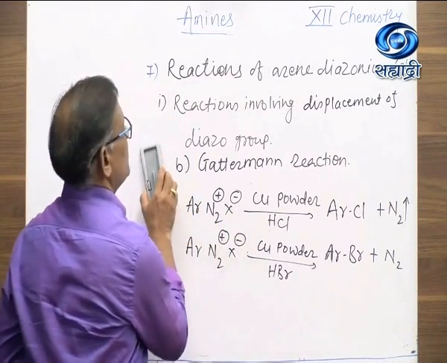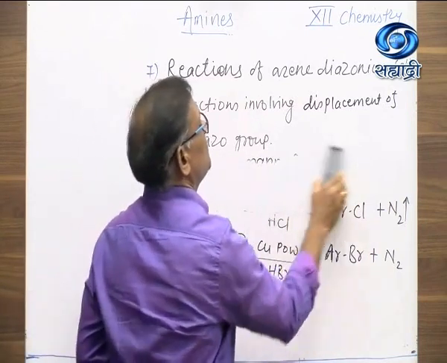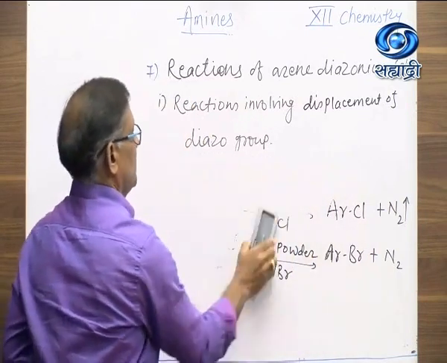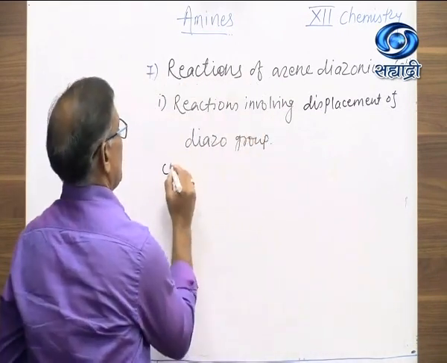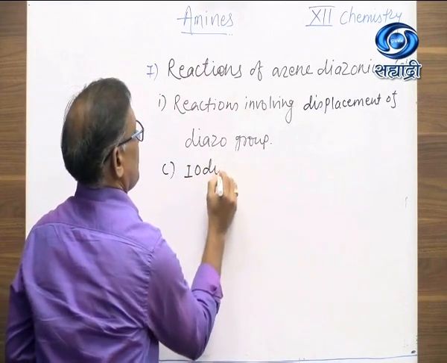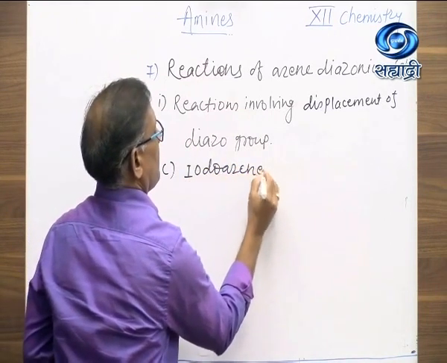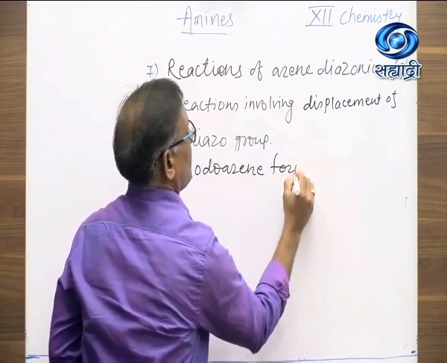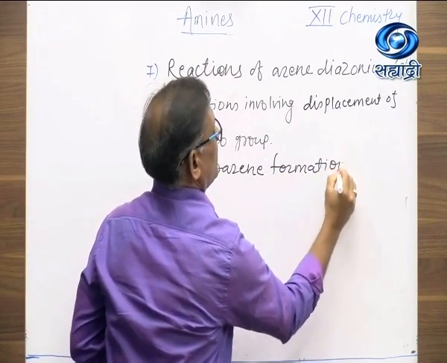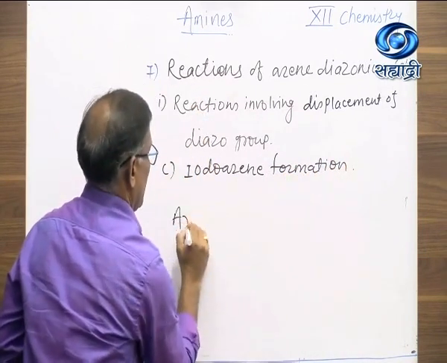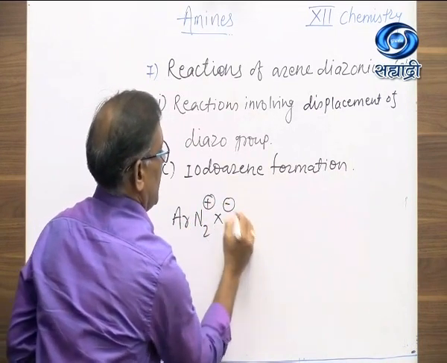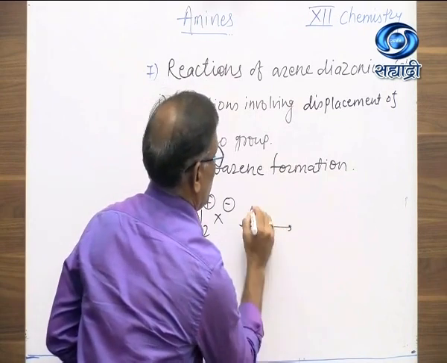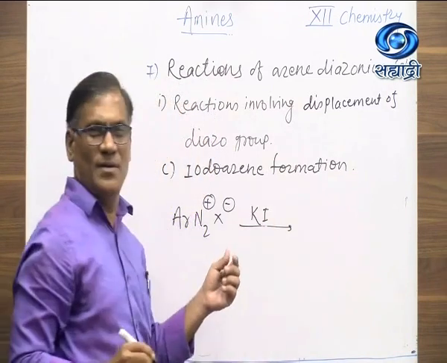After this, we are going to study third displacement of diazo group reaction, that is iodo-arene formation. In this reaction, aryl diazonium halide is treated with potassium iodide.